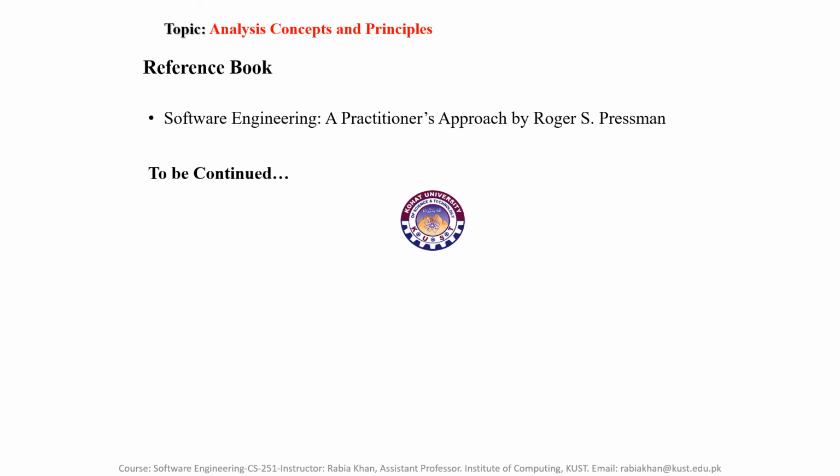So within this step, we generally define three different elements. We define the data that is to be operated by your software, the functional requirements, what the functions are to be provided by the software to the customer, and the behavior of the software. What is the response being generated by your software in response to the external and internal events?